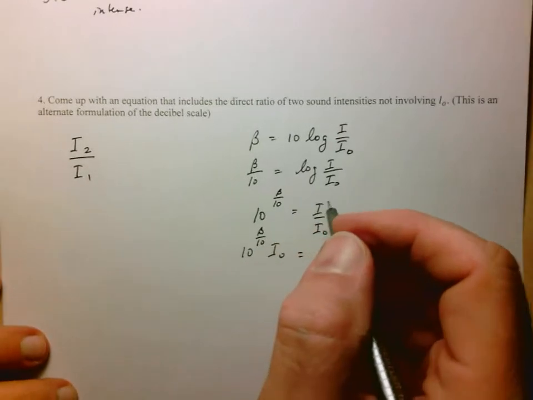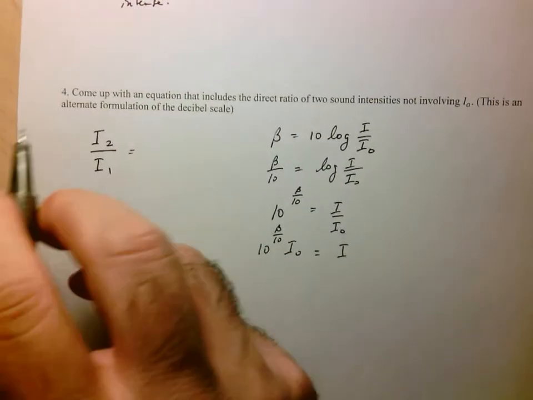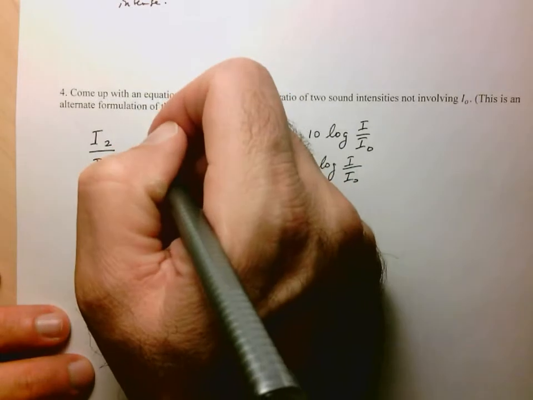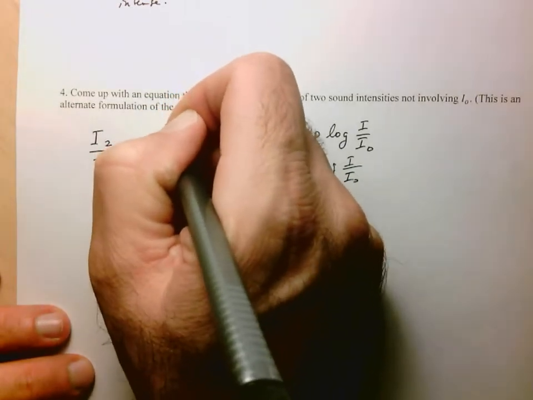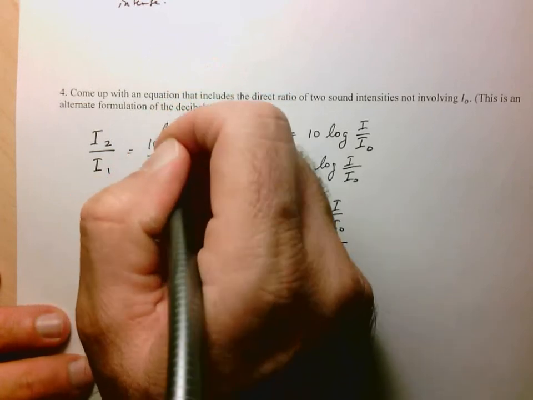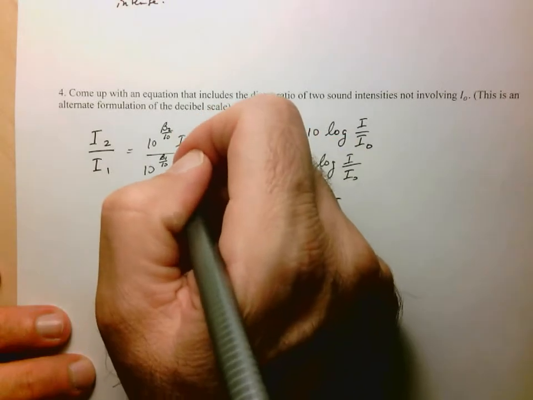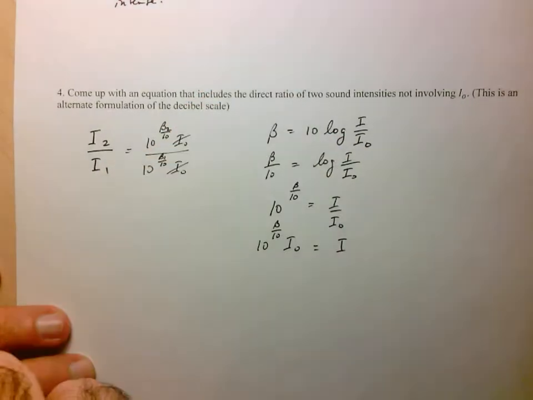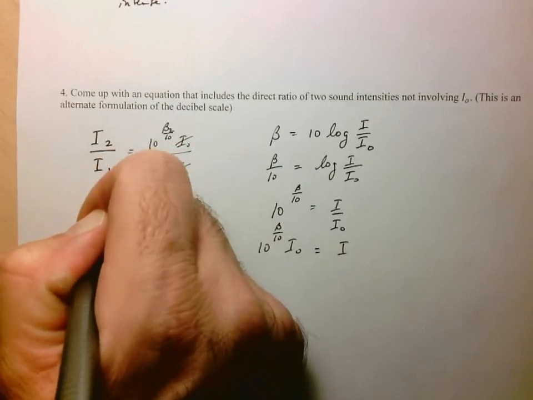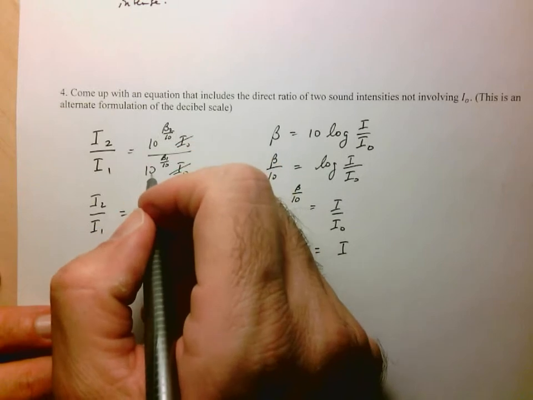Okay, so if we go back here, let's replace now. In this case, I2 is just going to be 10 to the beta 2 over 10 times I0 over 10 to the beta 1 over 10 times I0. As before, the I0s cancel out, and here we have I2 over I1 can be written as the ratio between these two numbers.